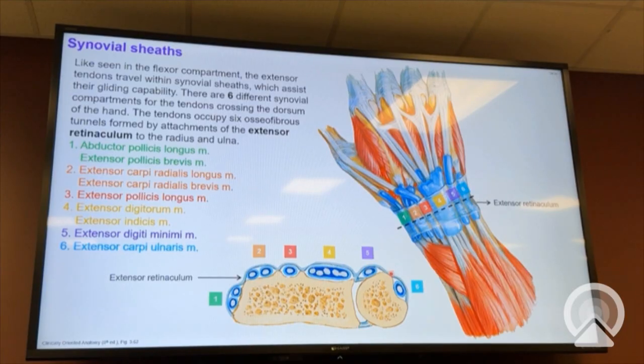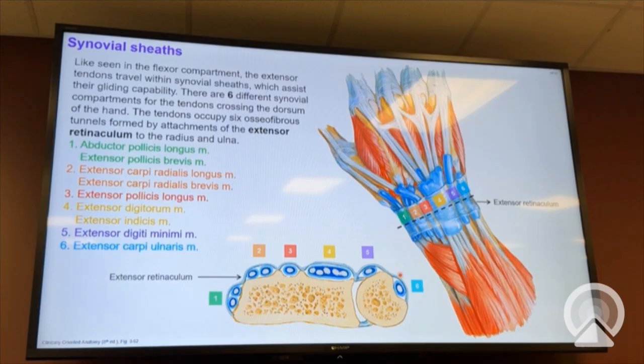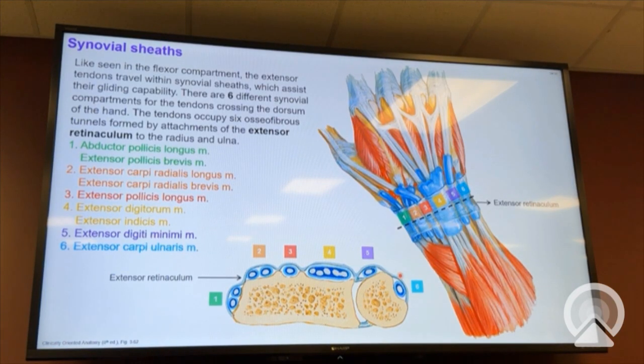So let's talk about these sheaths. Remember in the last lecture I talked about the carpal tunnel, and a lot of the tendons that flex your digits pass through this tunnel, bound by a broad connective tissue sheath called the flexor retinaculum. That would be the roof over the carpal tunnel. That's the one they cut if they do a carpal tunnel release.